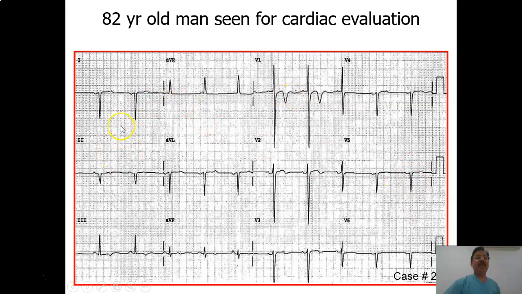ST segments: there may be changes in only one lead, V1, where it's inverted, but there is no ST segment elevation. At places in different areas, T wave inversions are there. These are not in anatomically contiguous areas, but in 3 and AVF they are.